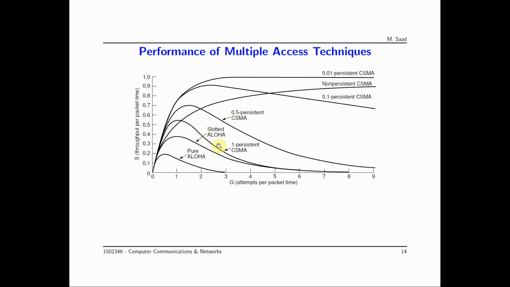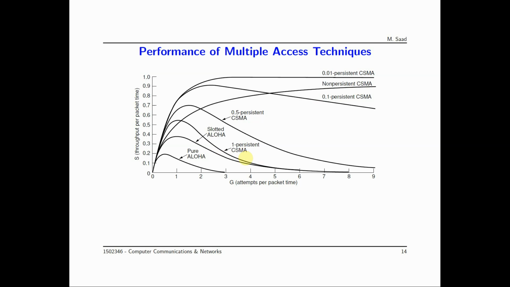Let's move from one persistent to non-persistent CSMA. As you notice, in general, non-persistent has a higher throughput than one persistent CSMA. Why is that? Because, as we have explained, non-persistent CSMA avoids some extra collisions as compared to one persistent CSMA. It is those collisions that would happen if the channel is found busy by two stations at the same time.